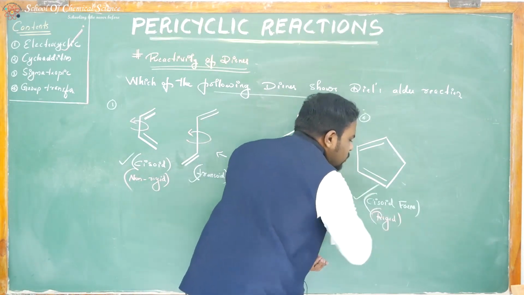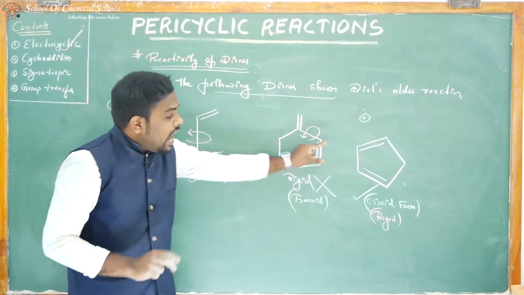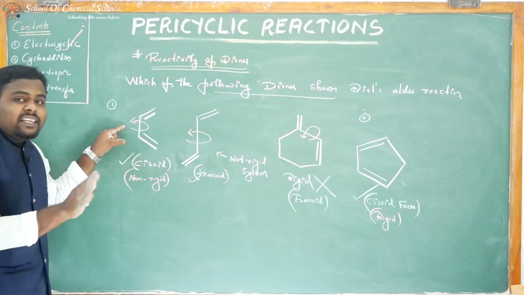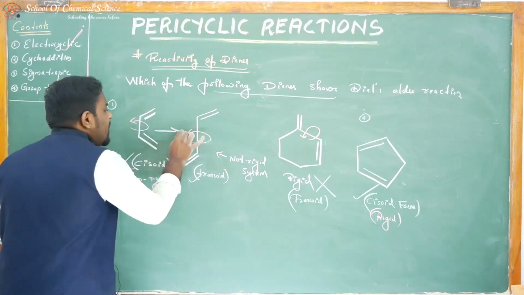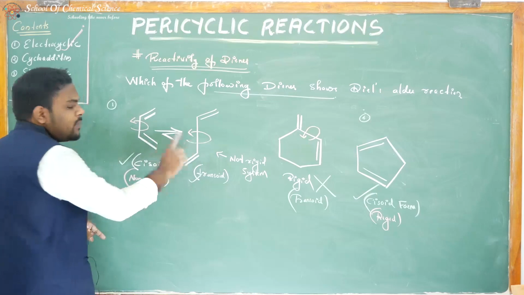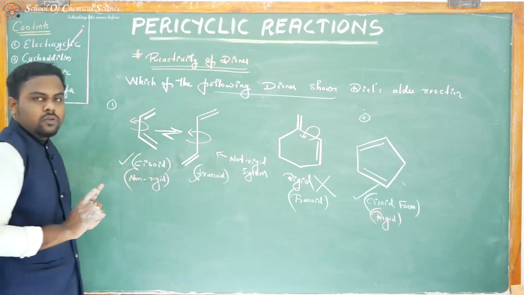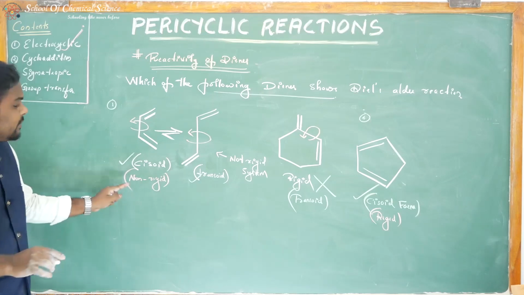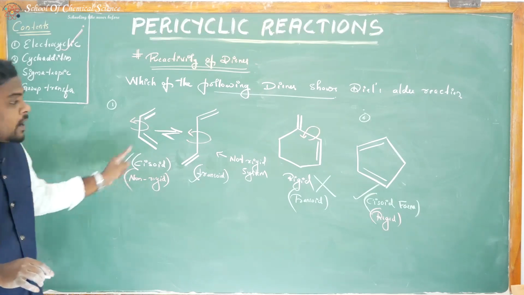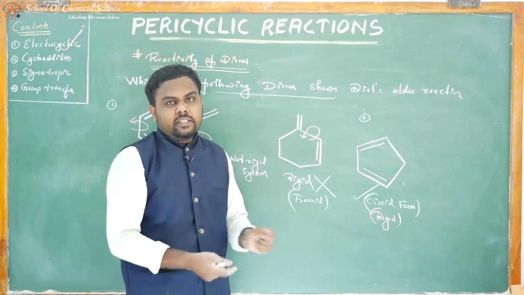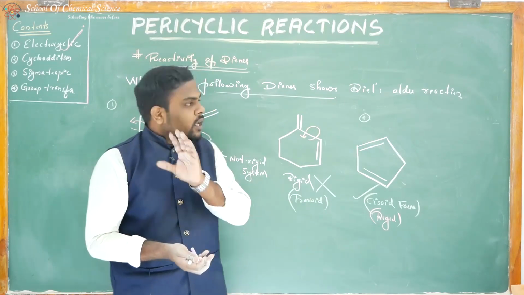Here rotation is not at all possible, so it always exists in the cissoid form. The other is not always in the cissoid form; it is converted into the transoid form, and an equilibrium is present: cissoid is converted into transoid, and transoid is converted into cissoid. Due to that equilibrium, this is a non-rigid system, but this is a rigid system. A rigid system shows high reactivity. Got the point?